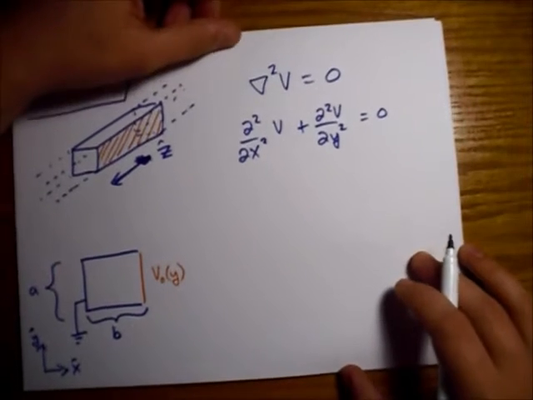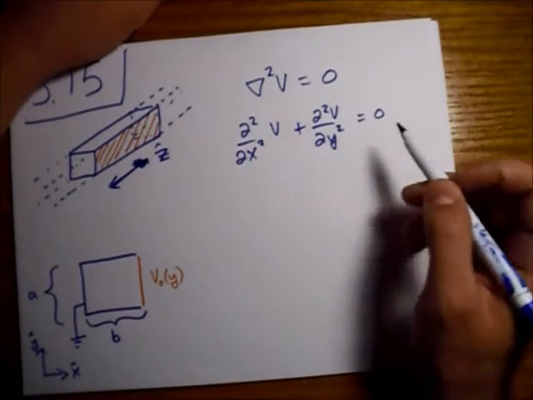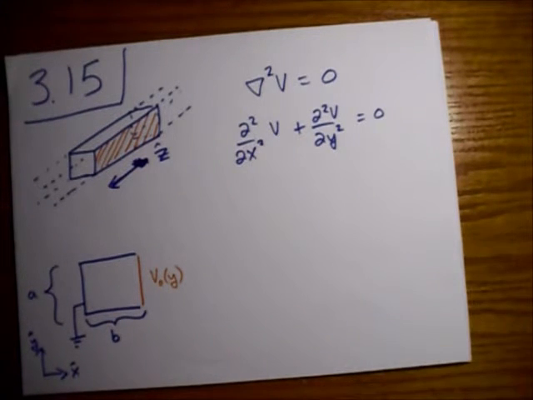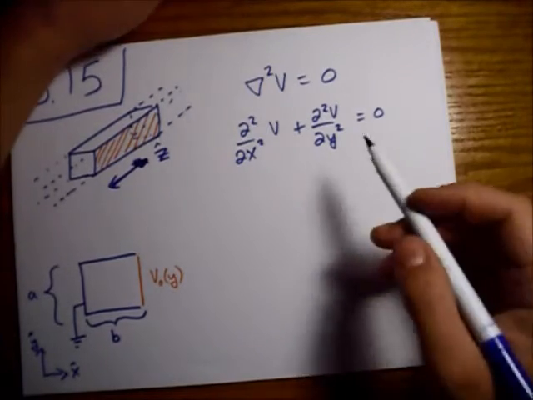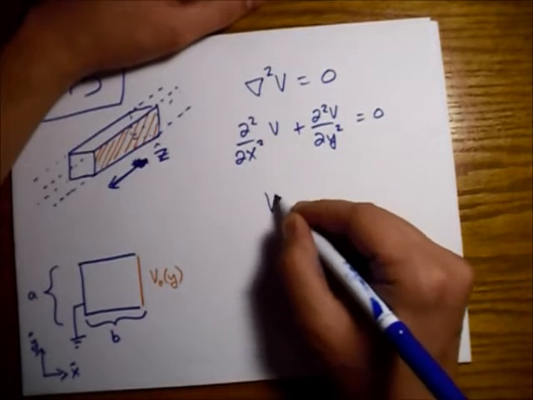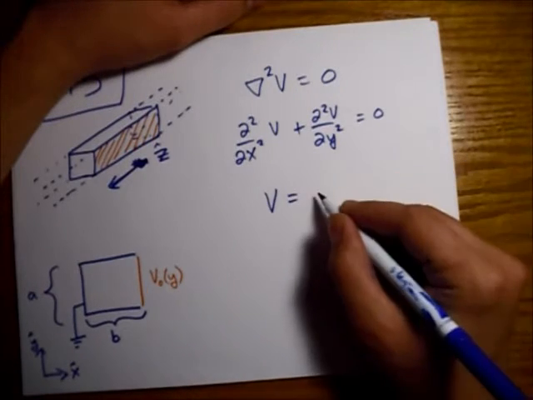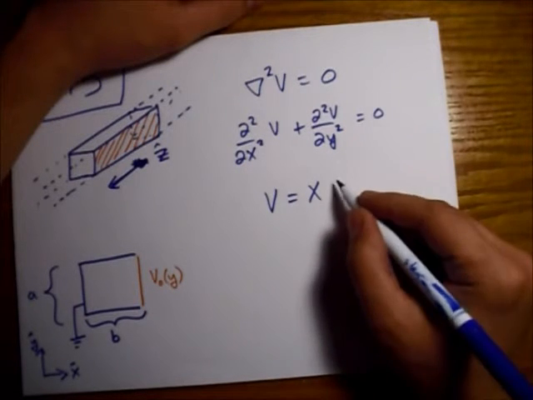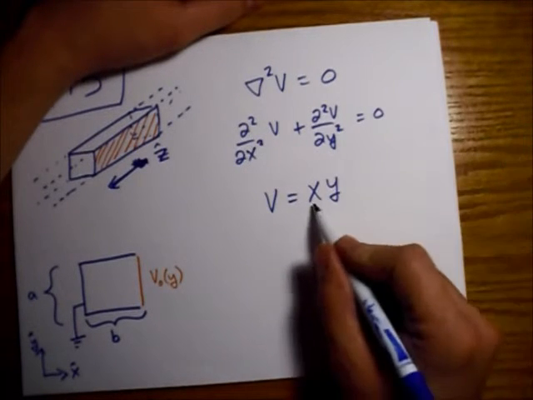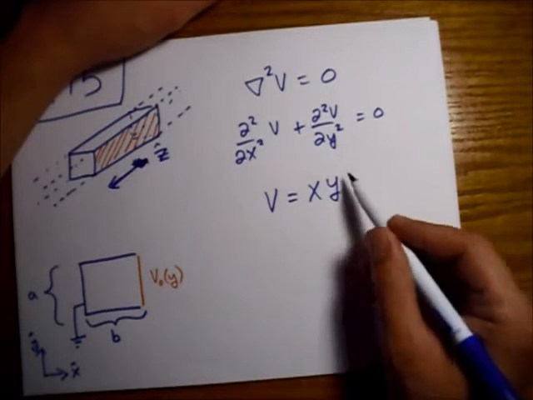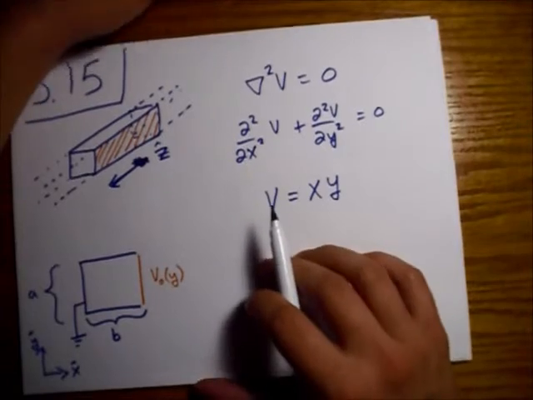We're going to use separation of variables, and we can do this because of the linearity of electrostatics. So I'm going to write V as a product of 2 functions, one we call X and one we call Y. This is big X and big Y, where X is only a function of x and Y is only a function of y.